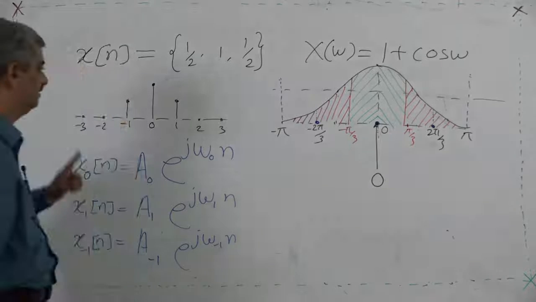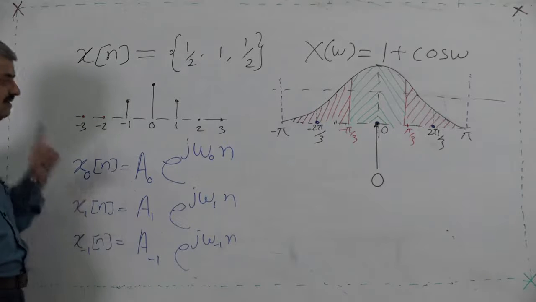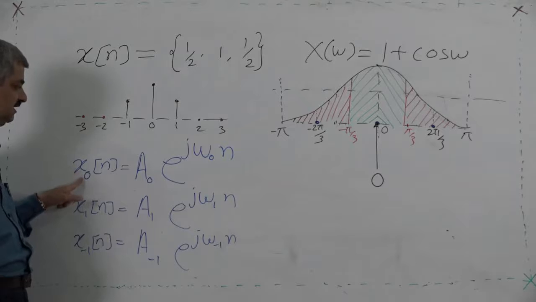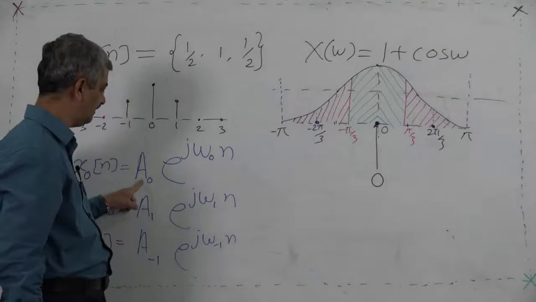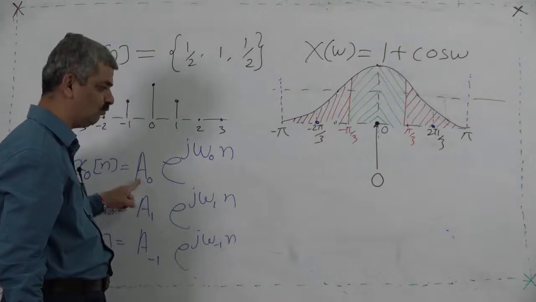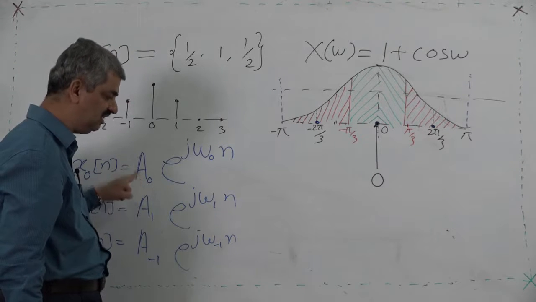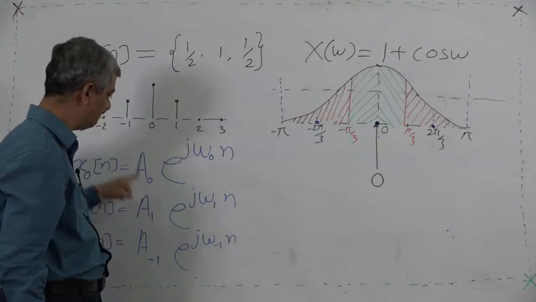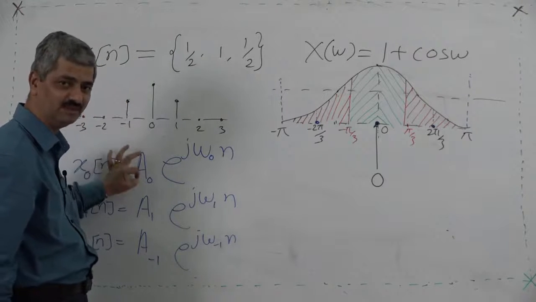Then the middle component x0n has an amplitude a0. What is that a0? That a0 is nothing but the area of the middle strip in this case.